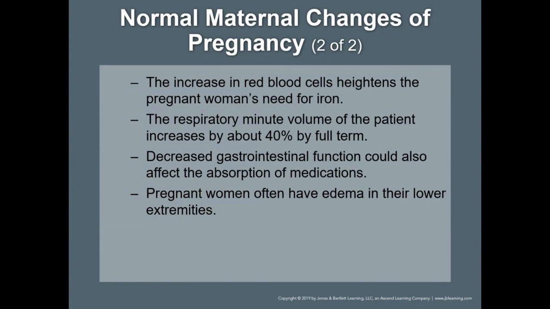Now, because of all this stuff being pushed around, they can also have fluid retention in the extremities because of higher blood circulation volume and slower digestion, which is helping move everything around.